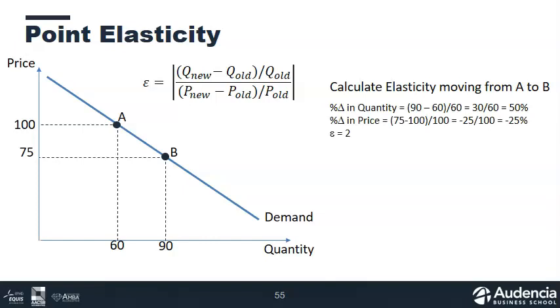Now there's another way to calculate this, and it's by changing the denominator a little bit. Instead of using the old values, we can divide by the average of the two. And this solves a problem, because as we calculate elasticity of moving from A to B or from B to A, if you use this equation, you'll get two different answers.